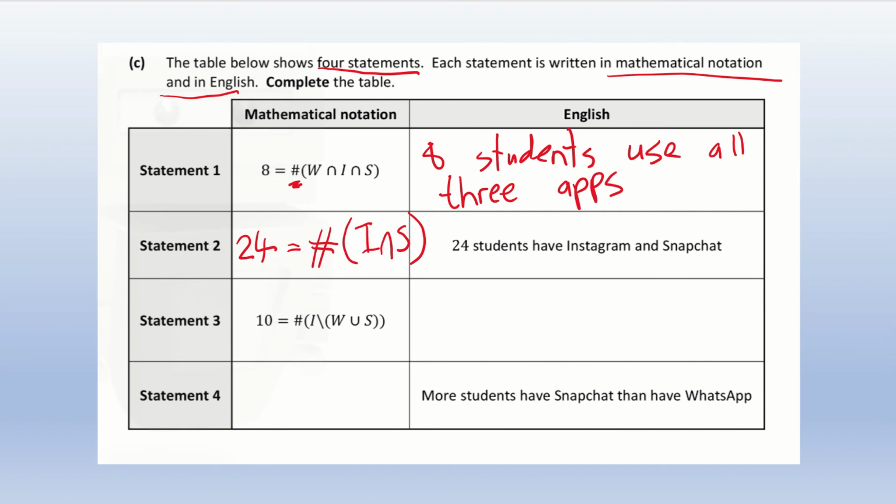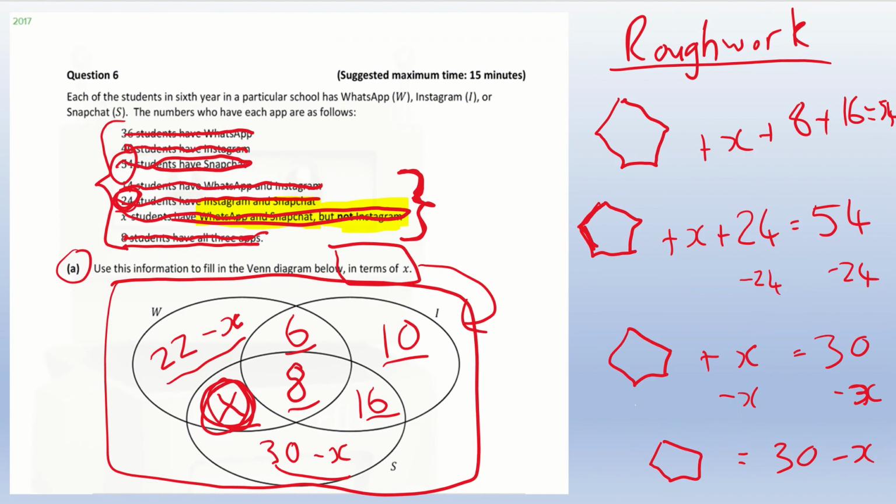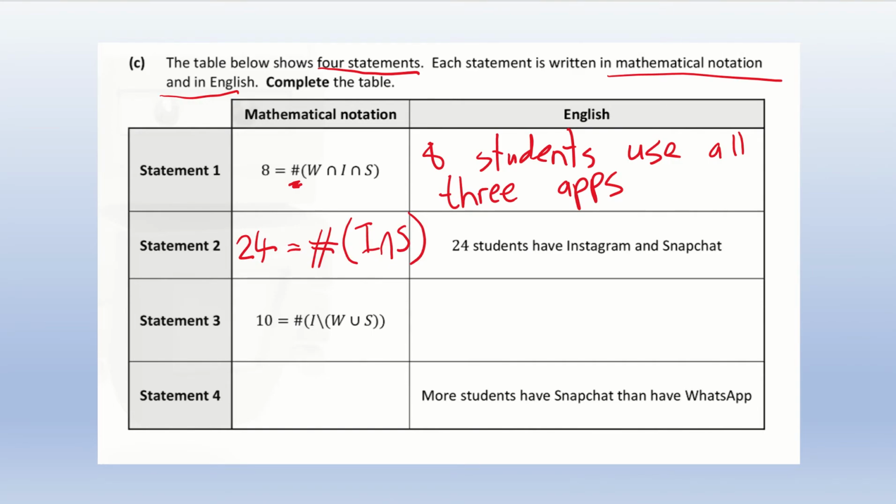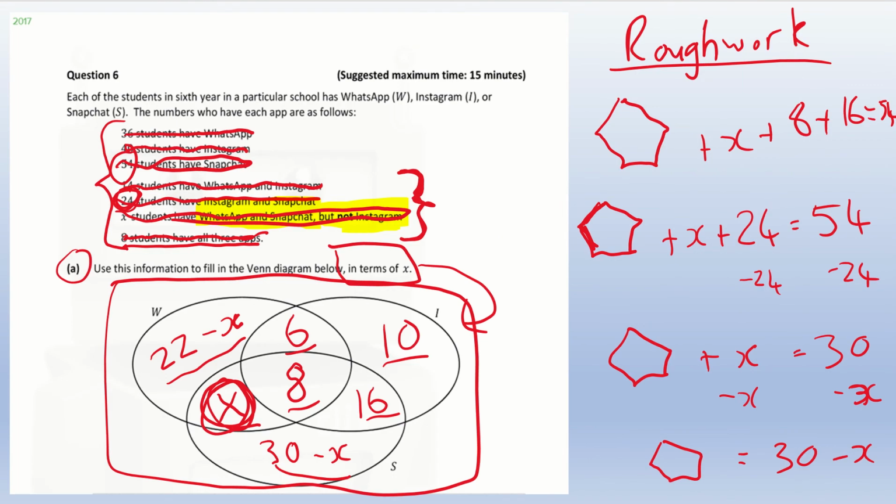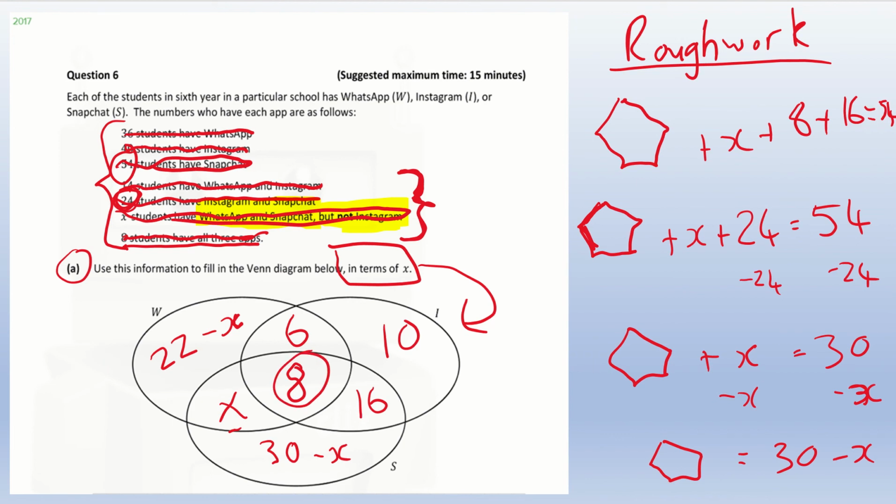Just before I go any further, all these symbols and statements refer to what we've done in part A. So let's see if that makes sense. 8 students use all 3 apps. Let's get rid of all the lines I don't need. The 8 there in the middle, well, that's the 8 people who have all 3 apps, so we were correct there.